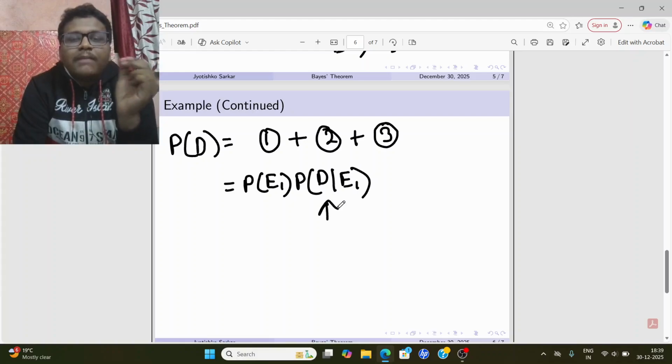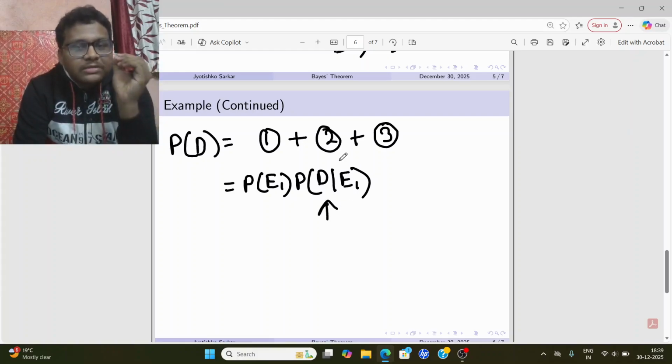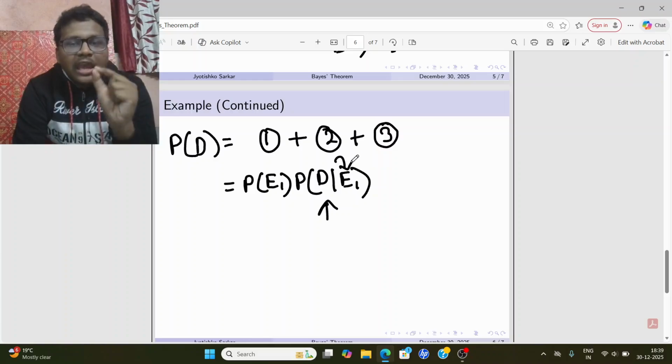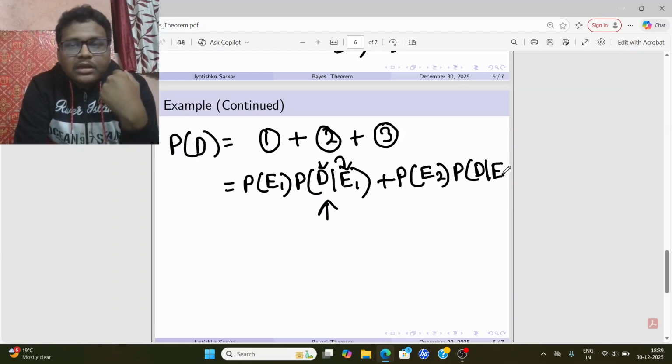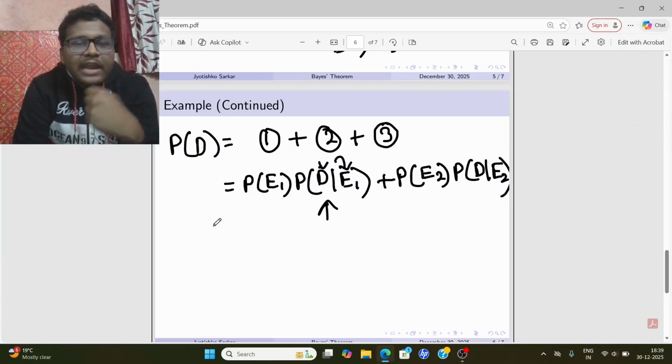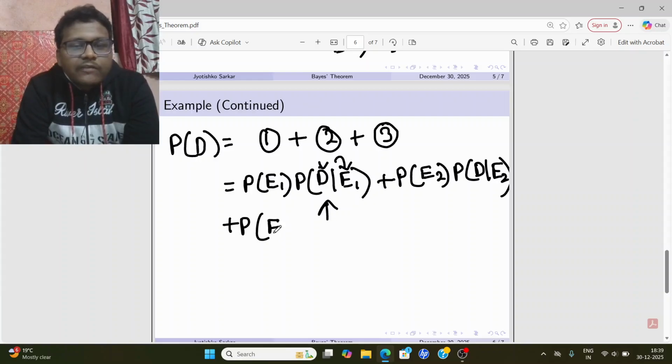It denotes that the bulb which was picked was manufactured in factory A and now it is defective. Similarly, I can write the second case, that the bulb I picked was manufactured in factory B and it is defective now. Similarly, the third case, that the bulb was manufactured in factory C and now it is defective.